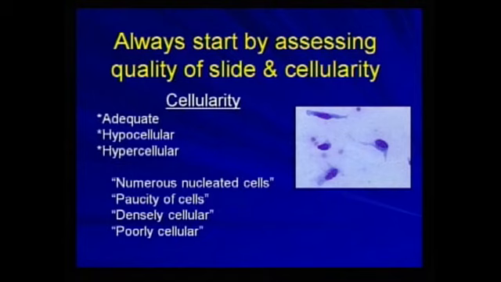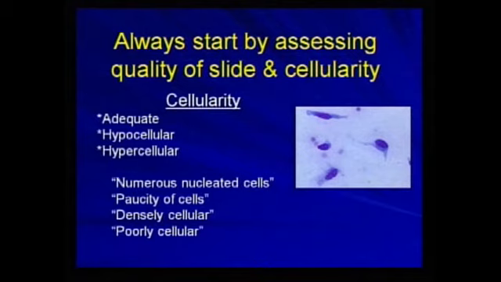And we look at cellularity. Cellularity is very important because you can't make a diagnosis on a slide which has too few cells. The term paucicellular is something that unfortunately I use way too often. A paucicellular slide is one with too few cells to make a diagnosis.